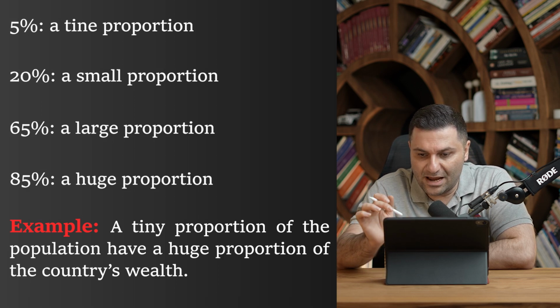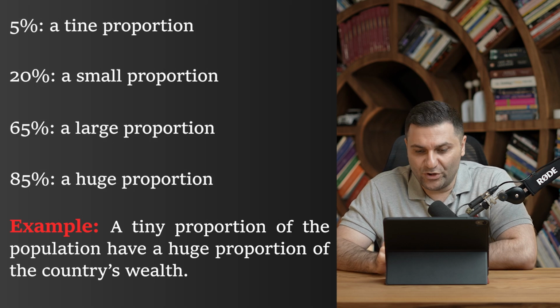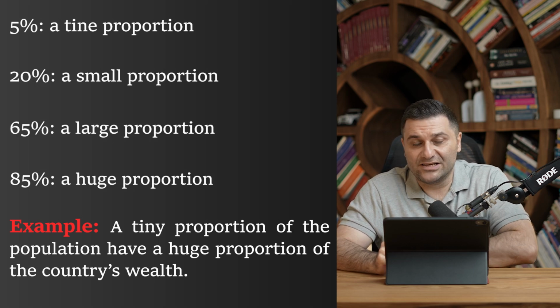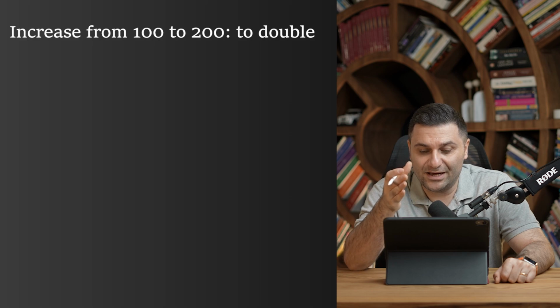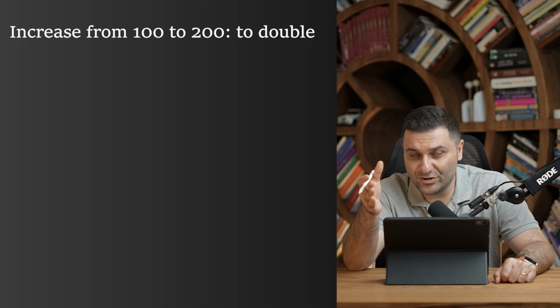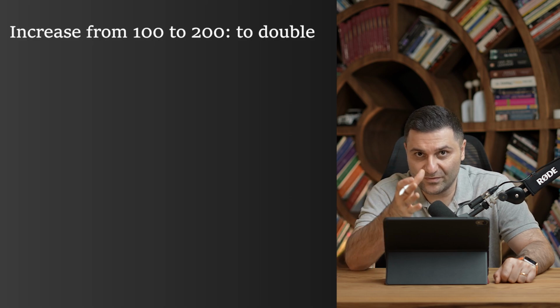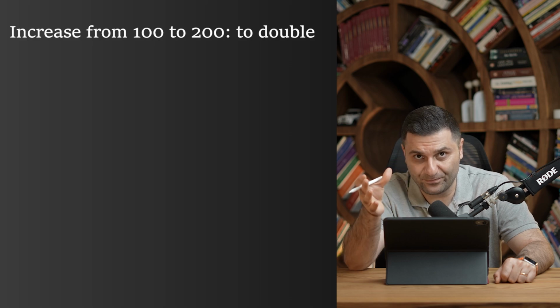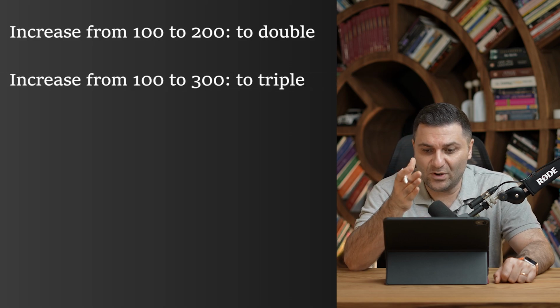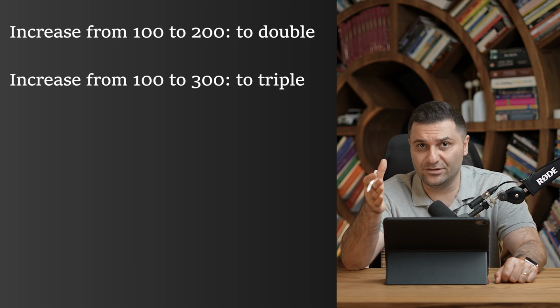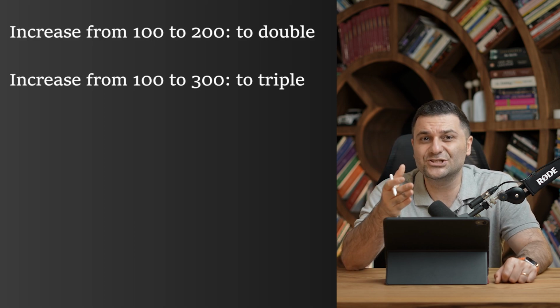All right. Now, let's work on increase and decrease, which is double or triple or things like this. When there is an increase from 100 to 200, it's double. The verb is to double. When there is an increase from 100 to 300, the verb is to triple.